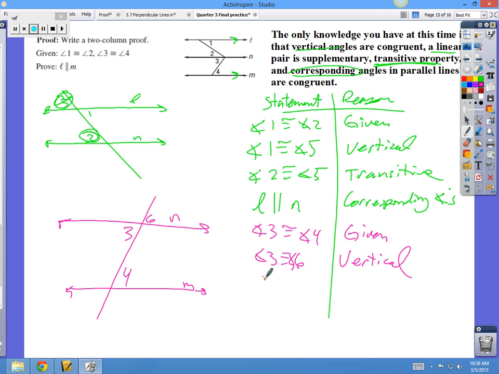And I must deduce the angle 6 is congruent to angle 4 because of the transitive property. And if I just showed that 6 and 4 are congruent, I can now safely say N is parallel to M because of corresponding angles.